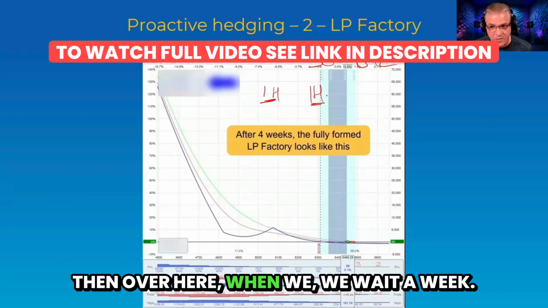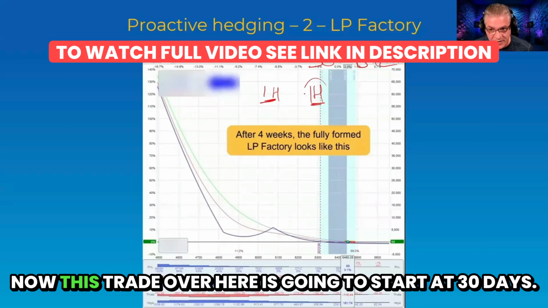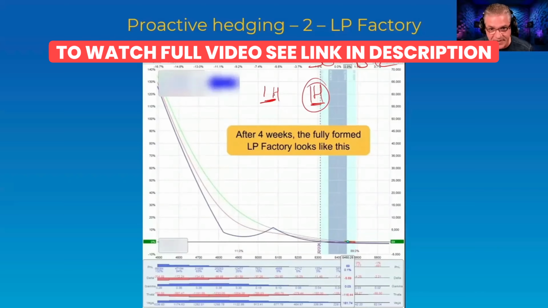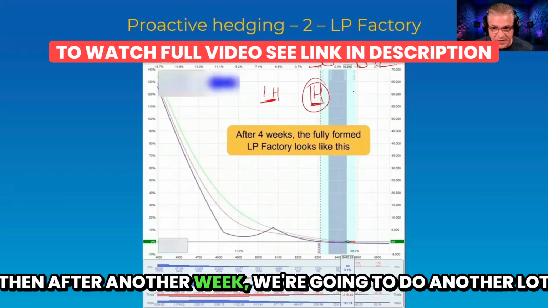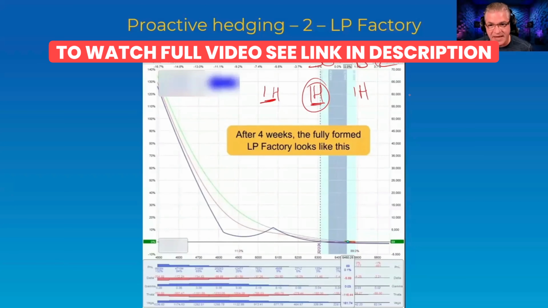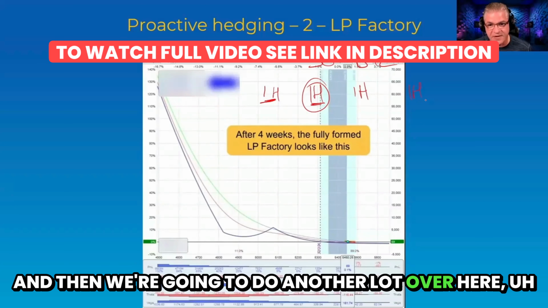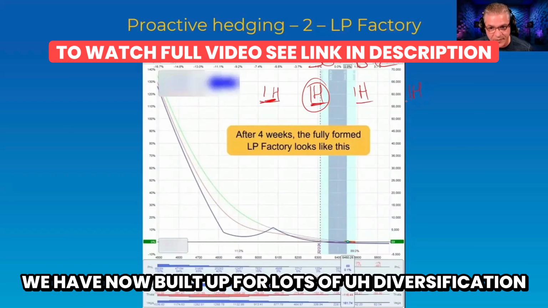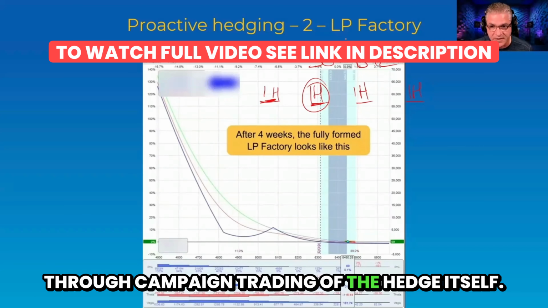Then when we wait a week, this new trade is going to start at 30 days, and this one over here is going to be at 23 days, okay? Then after another week, we're going to do another lot of hedge starting at 30 days. And then we're going to do another lot over here starting at 30 days. By the time that's done, we have now built up 4 lots of diversification through campaign trading of the hedge itself.